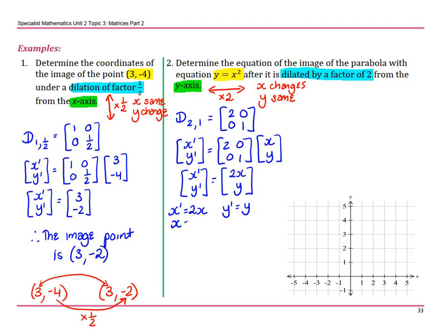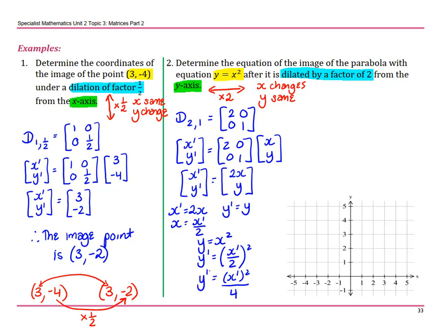Rearranging this equation, x is going to be the image of x over 2. Go back to the equation we're starting with, which is y equals x squared, and replace with those values. So the image of y is going to be the image of x over 2 all squared, which is the image of x all squared, all over 2 squared, which is 4.